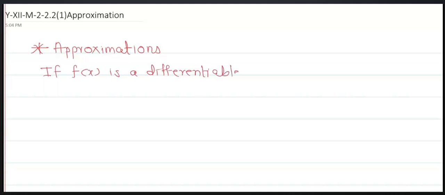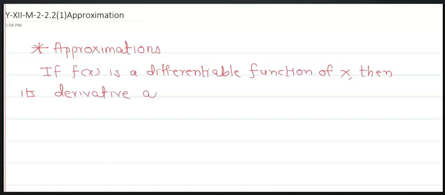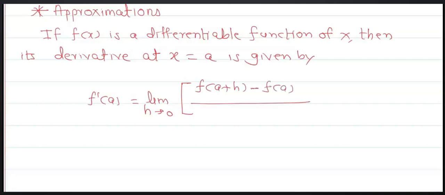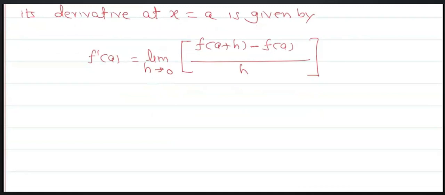If f of x is a differentiable function of x, then its derivative at x equals a is given by this formula: f dash of a is equal to limit h tends to 0 of f of a plus h minus f of a upon h.